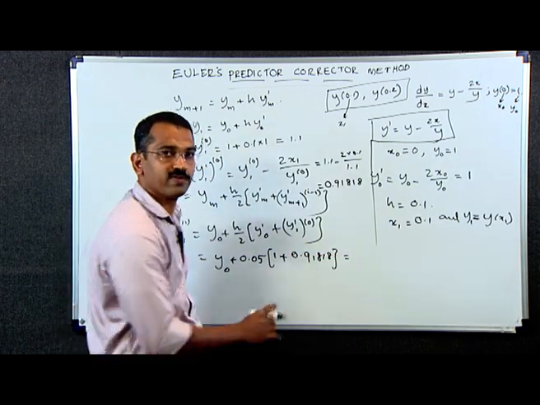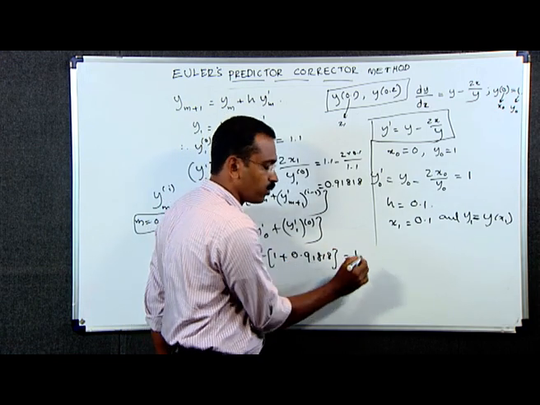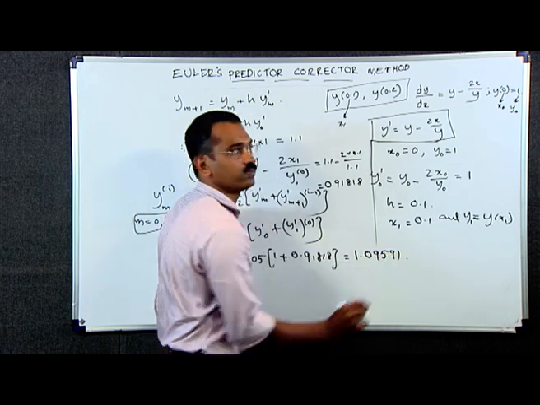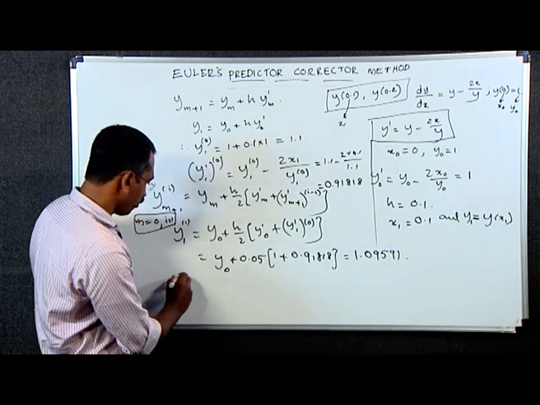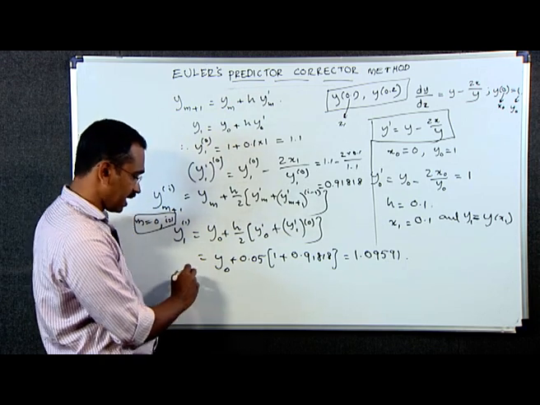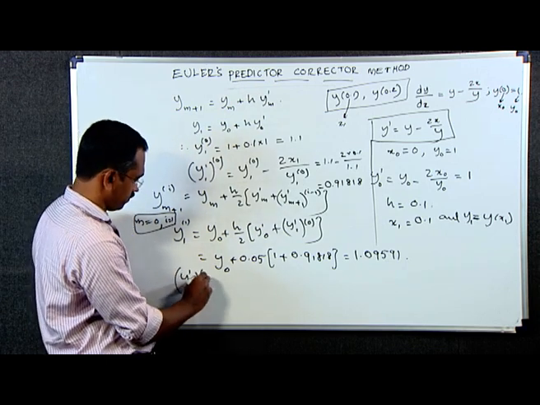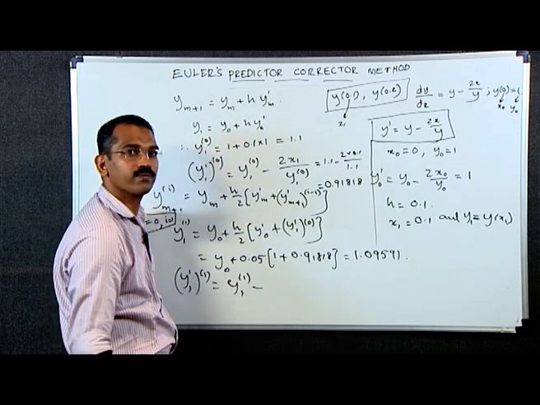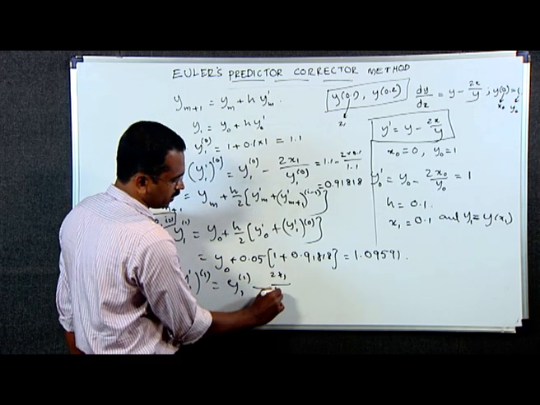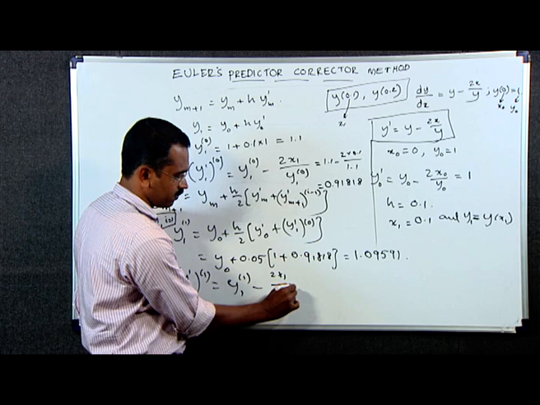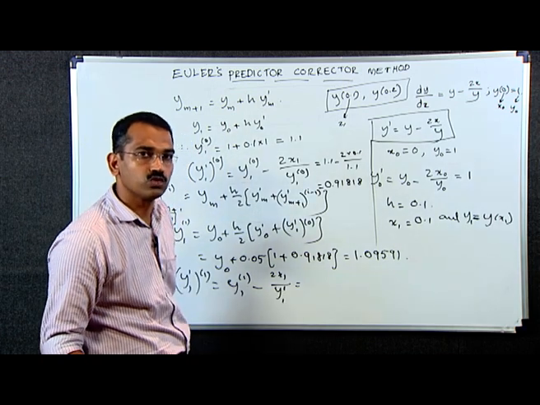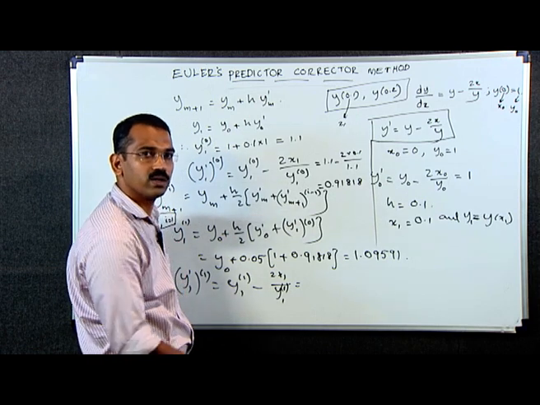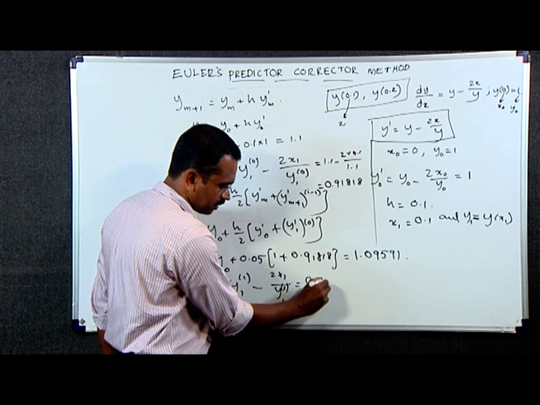which is equal to, on simplification we will get this as 1.09591. Now, y1 dash 1, which is equal to y1 1 minus 2x1 divided by y1 1, which is equal to 0.91341.